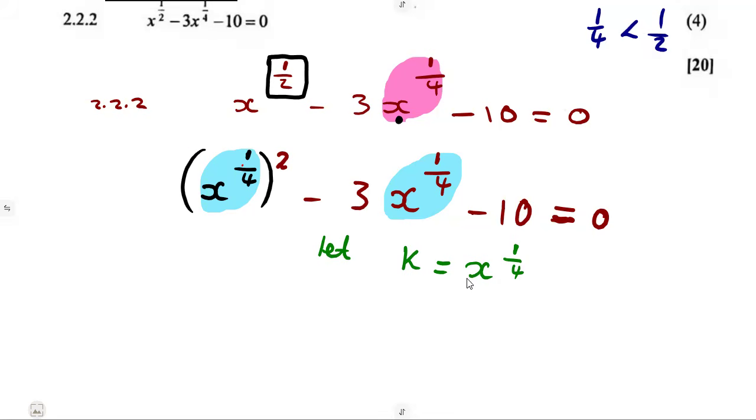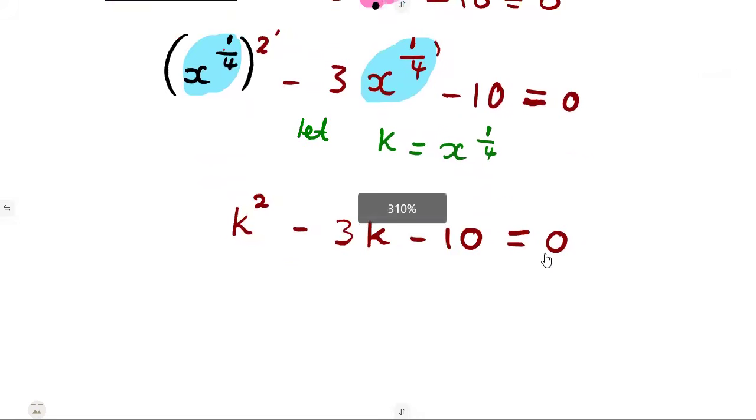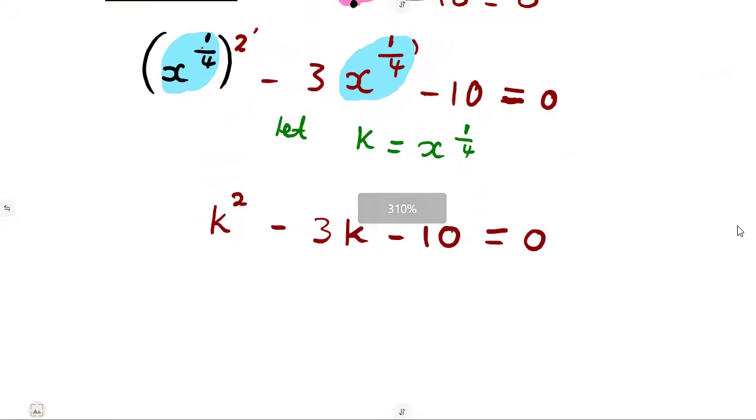Then we get 2k squared minus 3k minus 10 equal to 0. As you can see, guys, this is what we are used to. It's a normal quadratic equation. The highest exponent there is 2. That is how we make it a quadratic. All right?